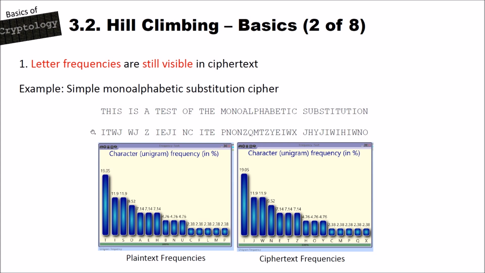As you can see here, we have the ordered plaintext frequencies and the ordered ciphertext frequencies, and with the monoalphabetic substitution, of course, these stay the same. Even with other classical ciphers like the Vigenère cipher, this also holds true: these frequencies can be seen in the ciphertext.